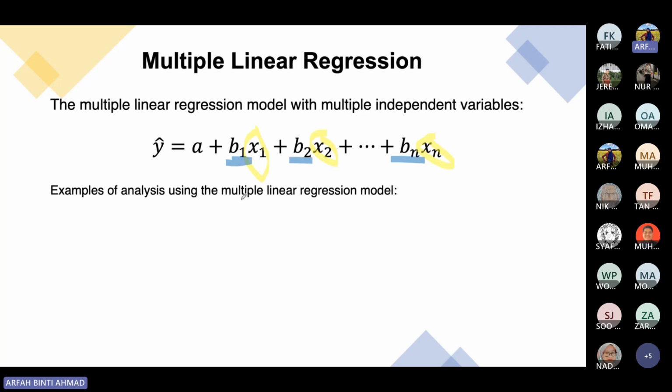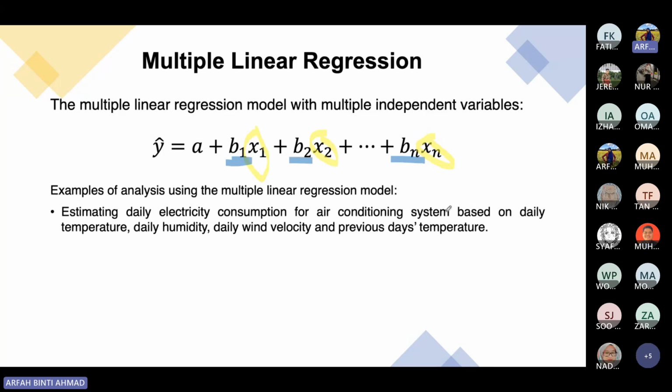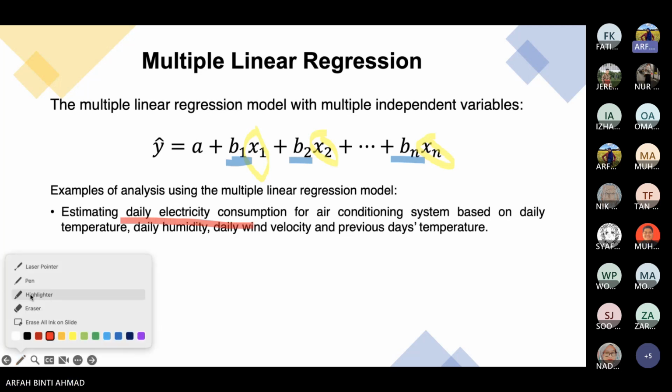So, example of analysis using the multiple linear regression model. For example, we want to estimate the daily electricity consumption for an air conditioning system based on daily temperature, daily humidity, daily wind velocity and previous day temperature. So in this example, daily electricity consumption will be your y.